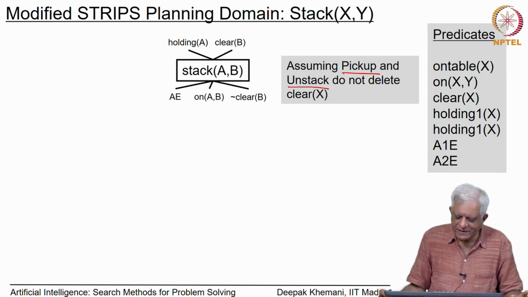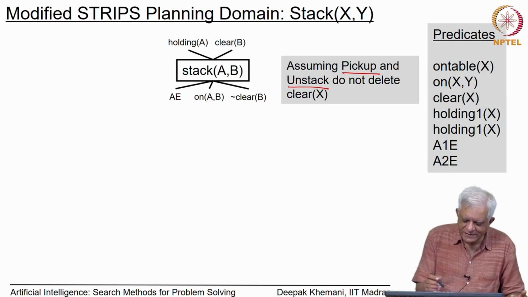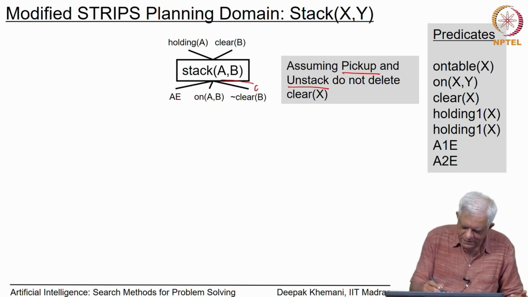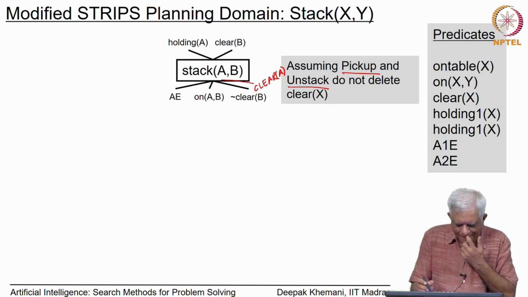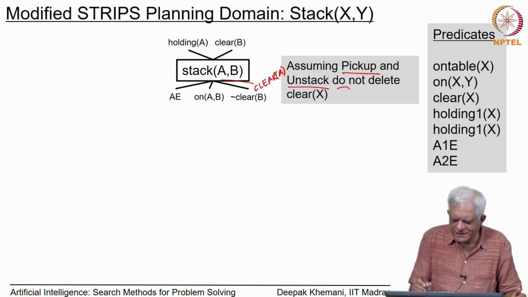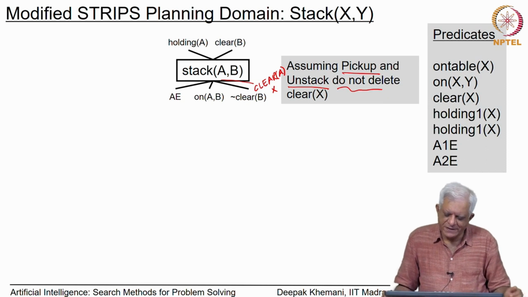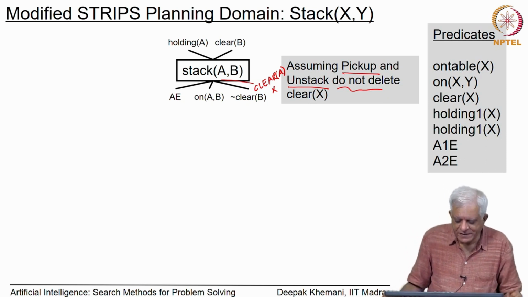So, when we stack A onto B, for example, we do not have to add another effect which says clear A. Because we have assumed that they are not deleted, we are not adding this here, but that would be an option essentially, but then you would have to modify pickup and unstack appropriately.